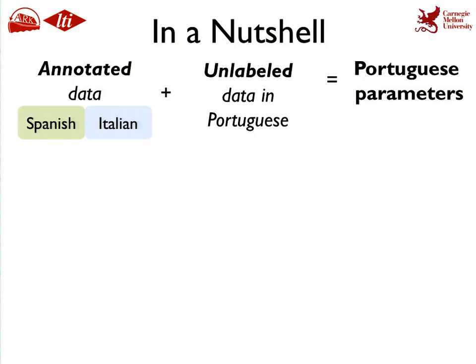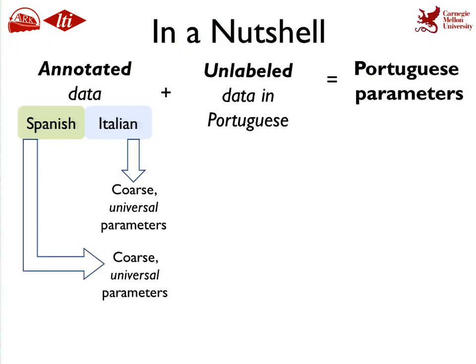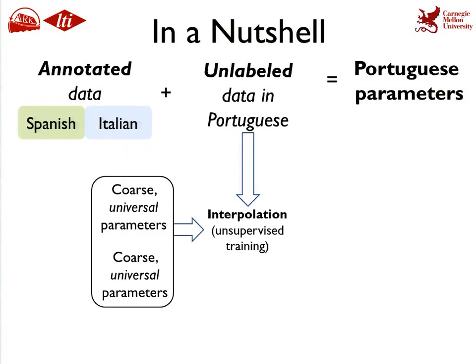Okay, so what we do over here is we estimate coarse universal parameters for the helper languages, and assume that for our target language its parameters are nothing but the interpolation of the coarse parameters in the helper languages. Okay, and the interpolation weights are learned automatically using unsupervised learning.